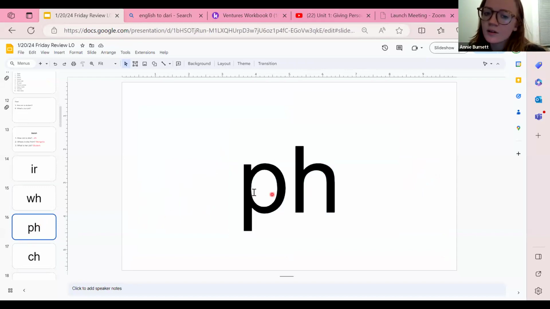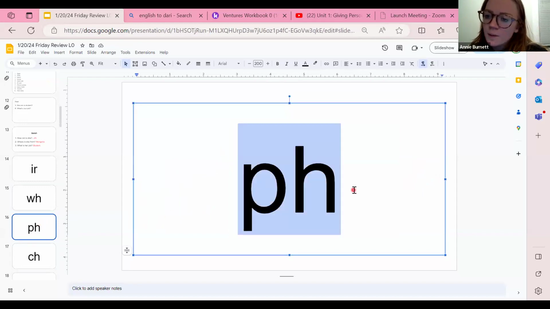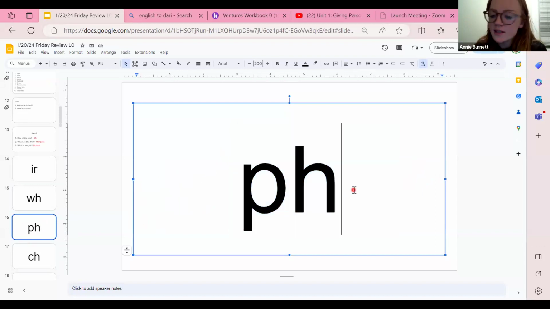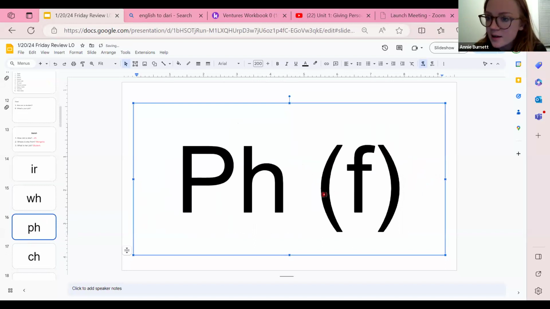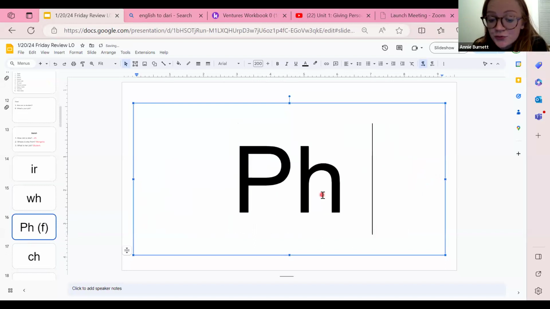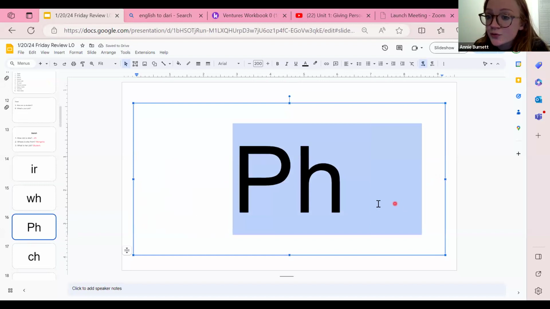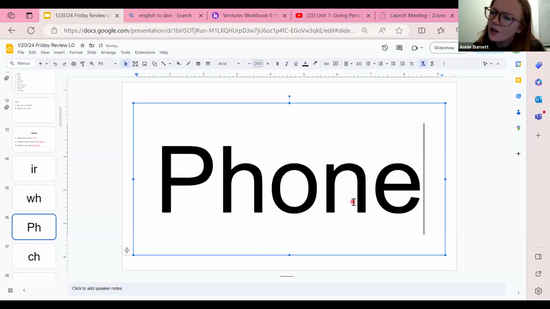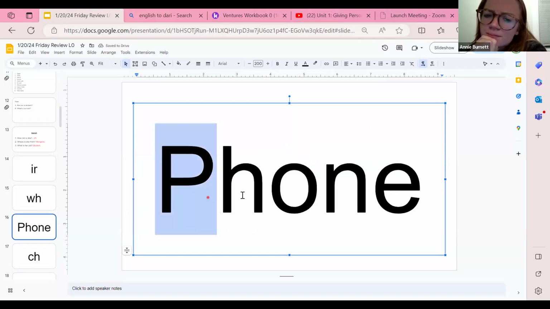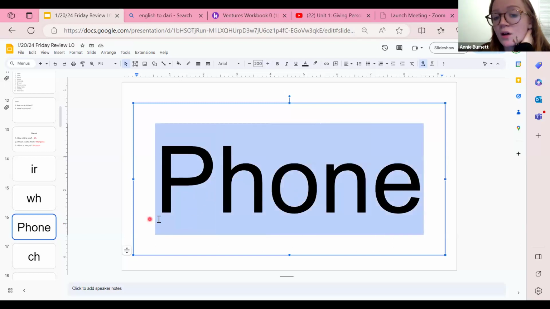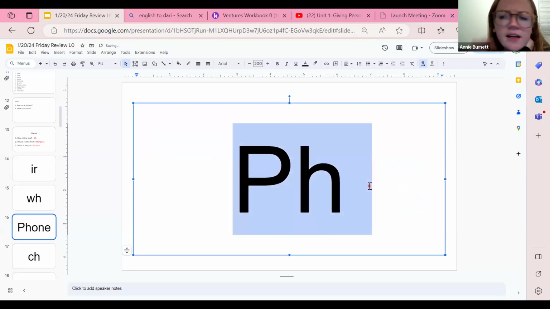What sound? Just like the letter F. The same. What does this say? Phone. Phone. What does this say?